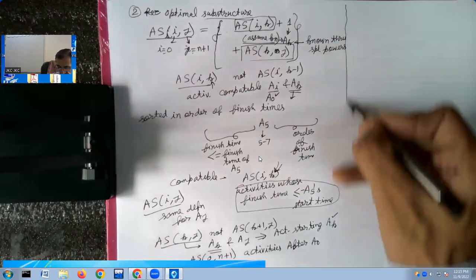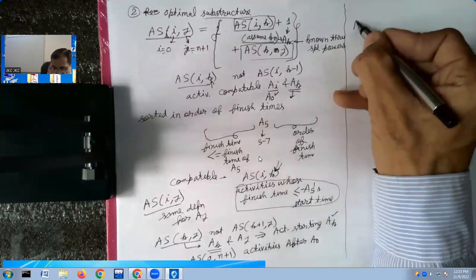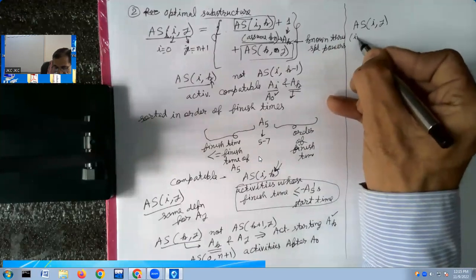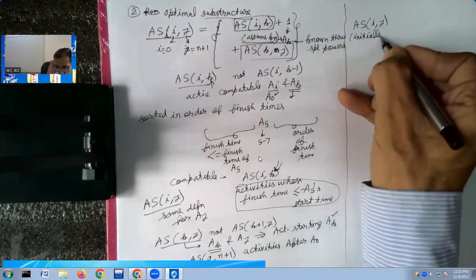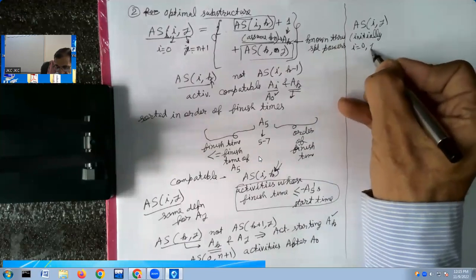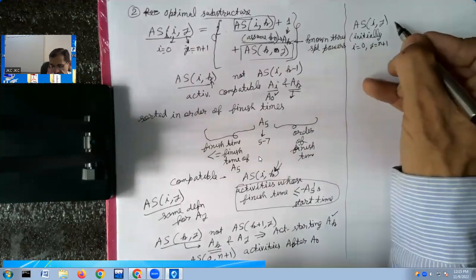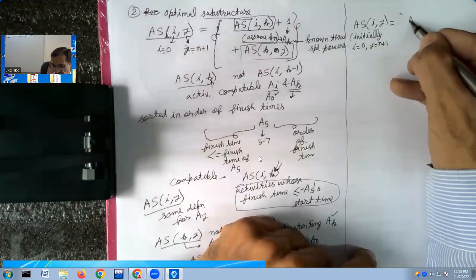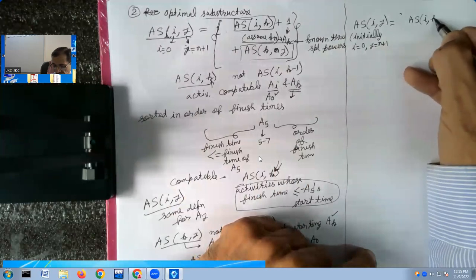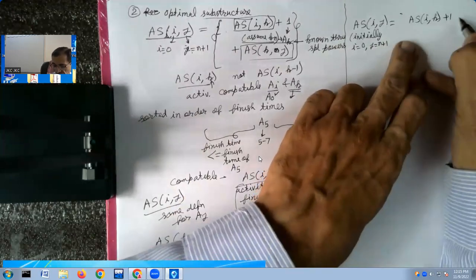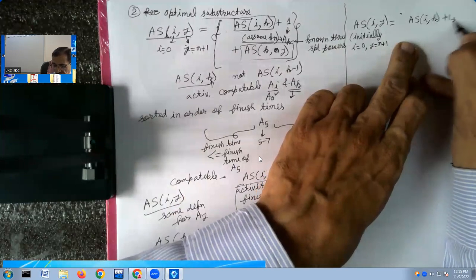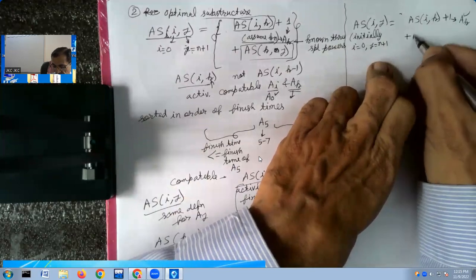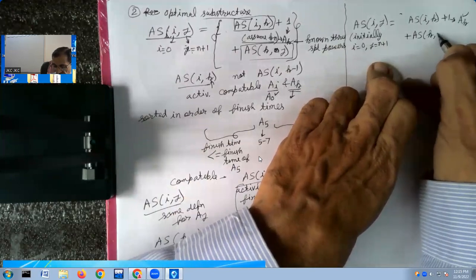So knowing this, I can easily see that if I want AS ij to be calculated, of course, initially i will be 0 and j will be n plus 1. I say this will be equal to the corresponding answer coming from AS ik, plus 1 because of activity Ak already selected, and the third answer will come from AS kj.